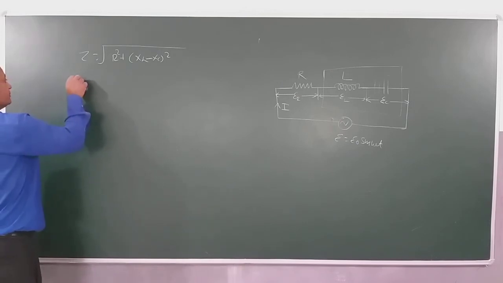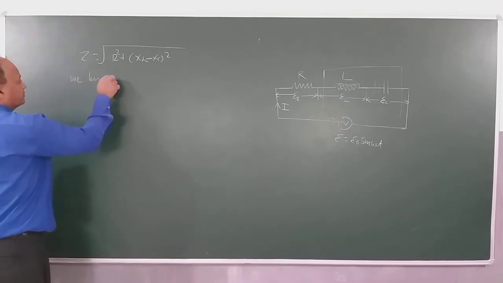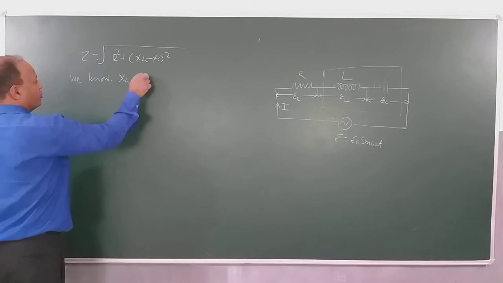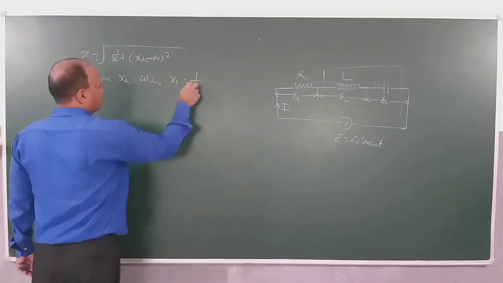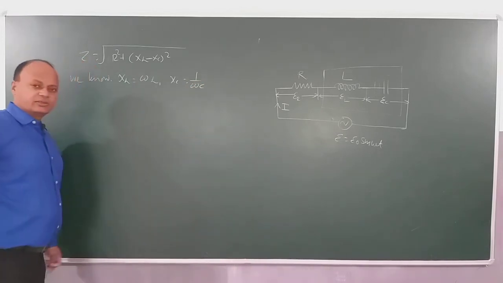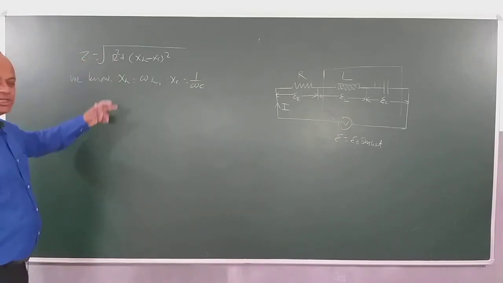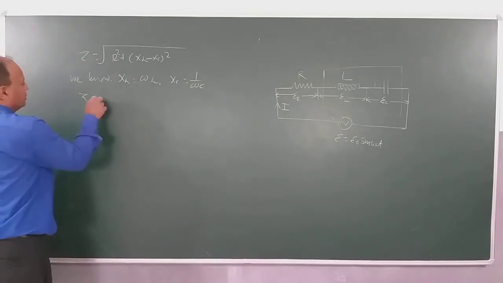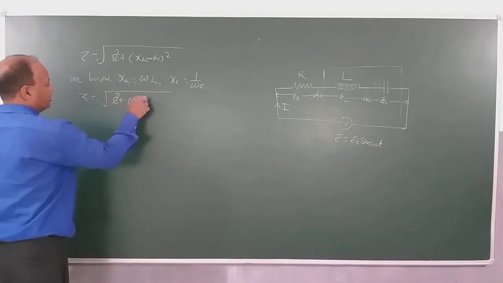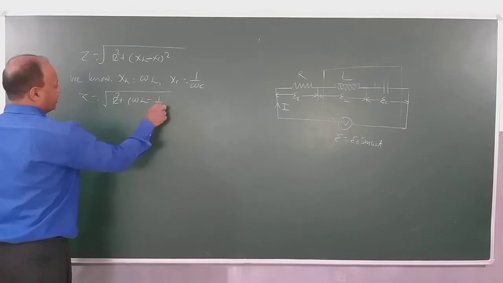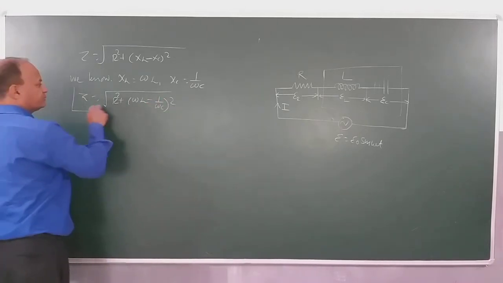We know XL is equal to omega into L and XC is equal to 1 upon omega into C. If you put in these values, then Z equals root over R square plus omega L minus 1 upon omega C whole square.